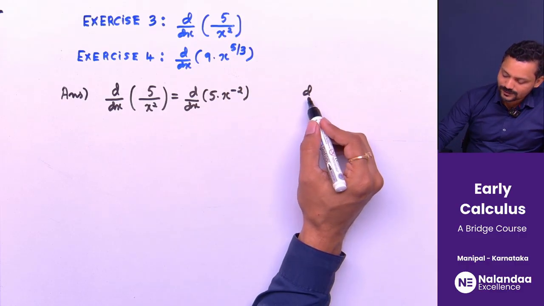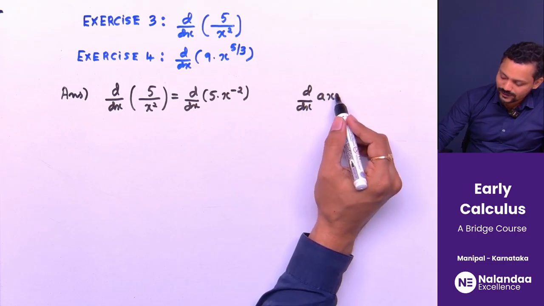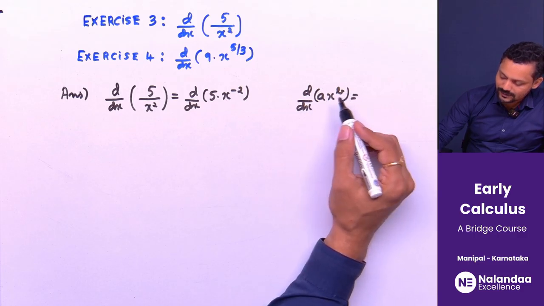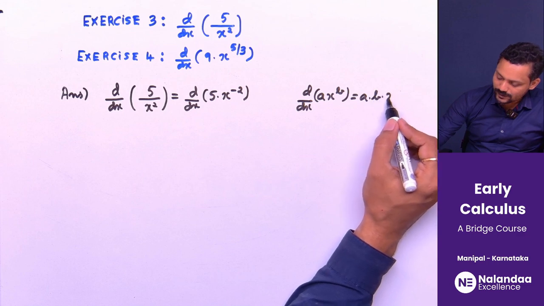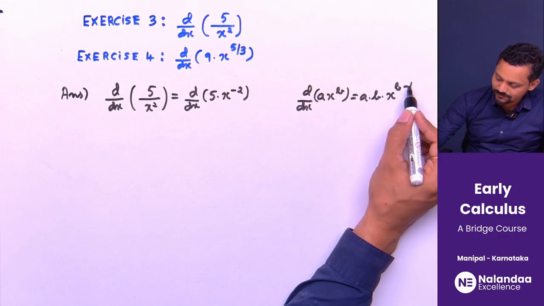Now we have the concept d by dx of a into x power b can be written as a into b into x power b minus 1.